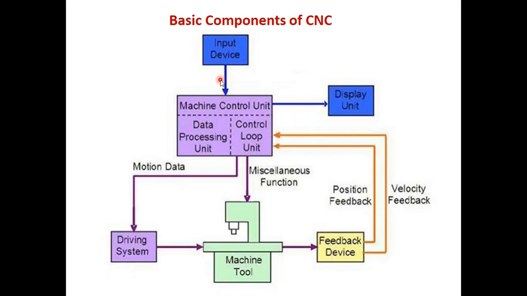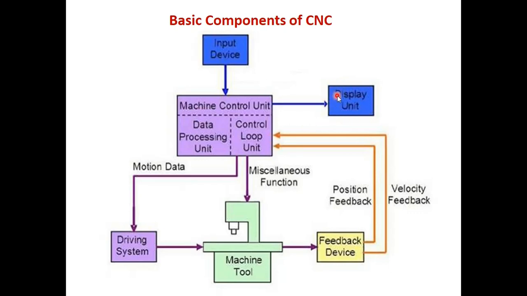So how does this process work? For example, I want to move the job to, let's say, some X, Y, and Z coordinates, say 10 by 10. So that input is given to the machine. The data gets processed and it gives the signal to the drive system, to the X, Y, and Z motors, to move to the respective position. Once that has moved, it goes to the feedback, the same goes to the control loop, and it gets displayed.